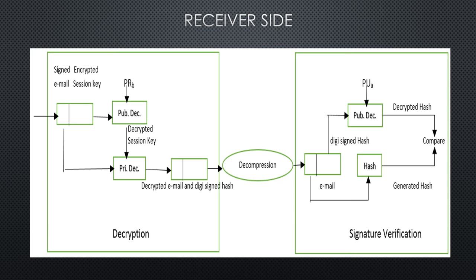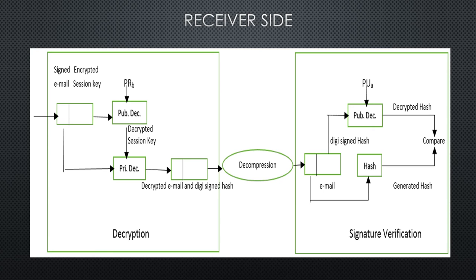Now we will verify whether the hash was signed by original sender, and for that we will calculate and generate the hash of the original email by using SHA-512. We will also decrypt the digitally signed hash with the public key of sender by using public decryption RSA algorithm.